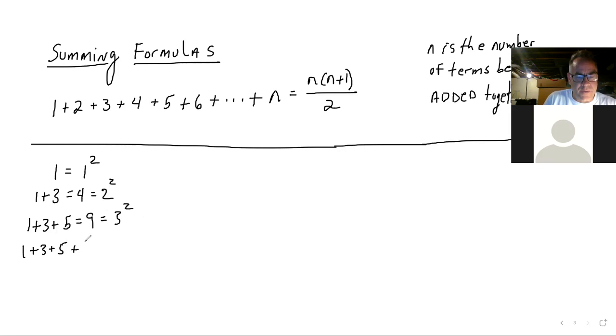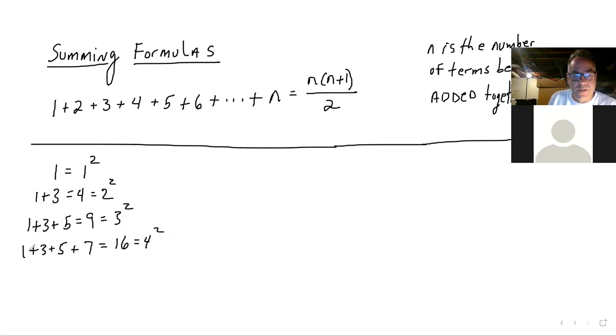It would appear what I'm doing is starting at 1 and adding up consecutive odd numbers. I would start to predict this is going to be a perfect square. The next perfect square is 16. And in fact, 1 plus 3 is 4, plus 5 is 9, and 9 plus 7 is 16. And that is 4 squared.